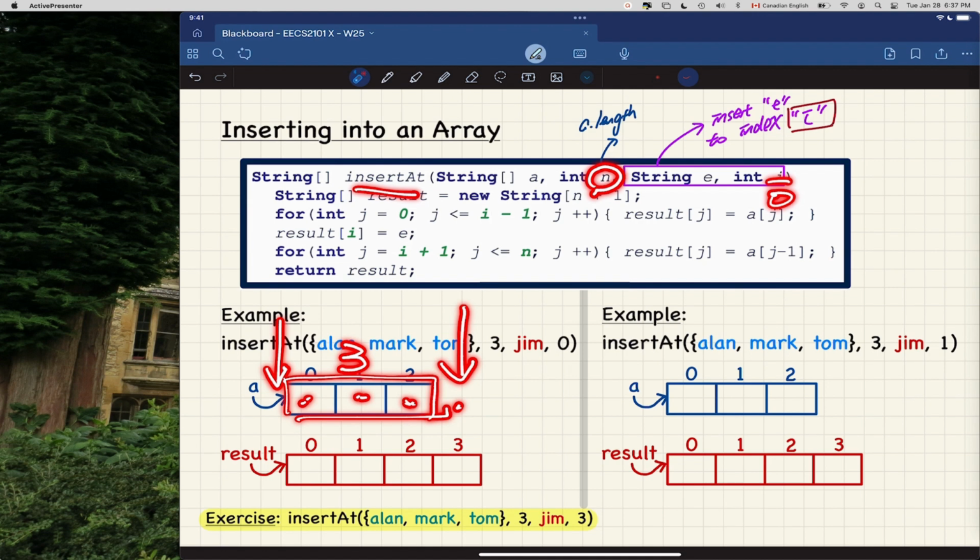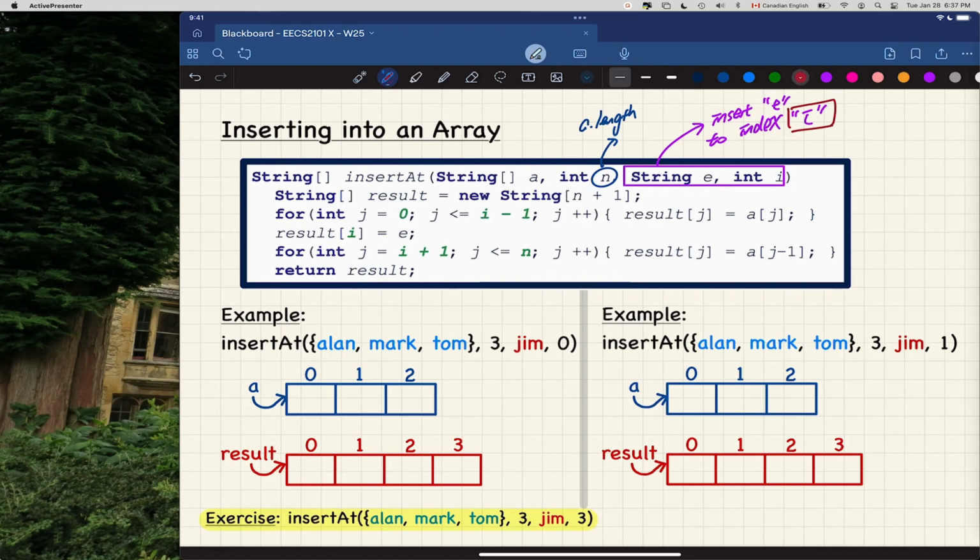So both 0 and n will be the extreme values, the bounds for I. This is something important when we try to figure out the runtime. So this would be 0 less than or equal to I, less than or equal to n. 0 here means we want to insert first, and this one here, we want to insert at last. All right? So these are the two boundary values for I.